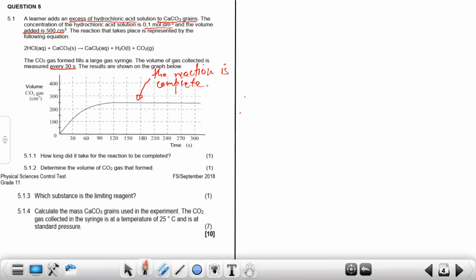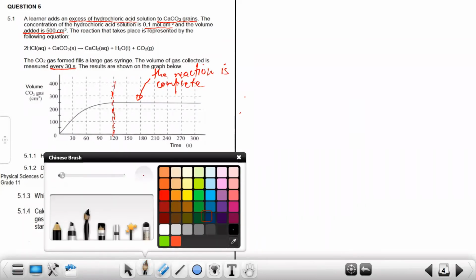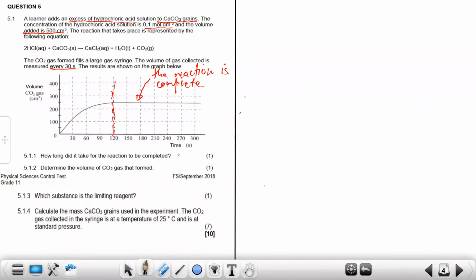So 5.1.1, how long did it take for the reaction to be complete? We can see it started normalizing here at 120 seconds. So the correct answer here should be 120 seconds.